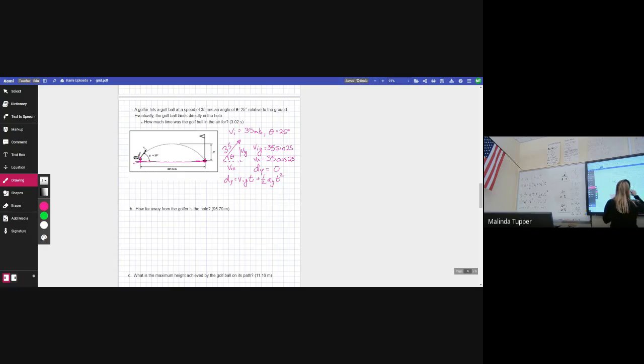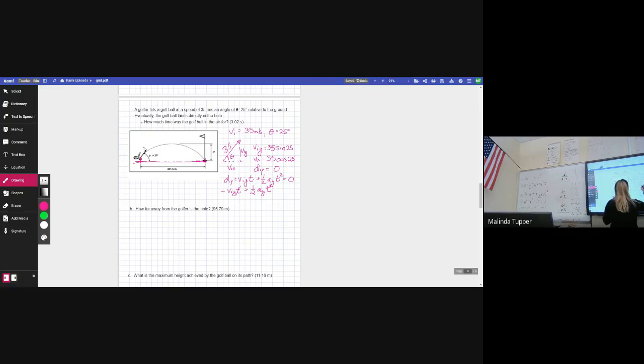Now, since dy is 0, I can set this equal to 0. Didn't leave myself quite enough space here, so we're going to be a little squished. But that gives me viy times t equals 1/2 ay times t squared. I'm going to cancel out this t and one of these t's.